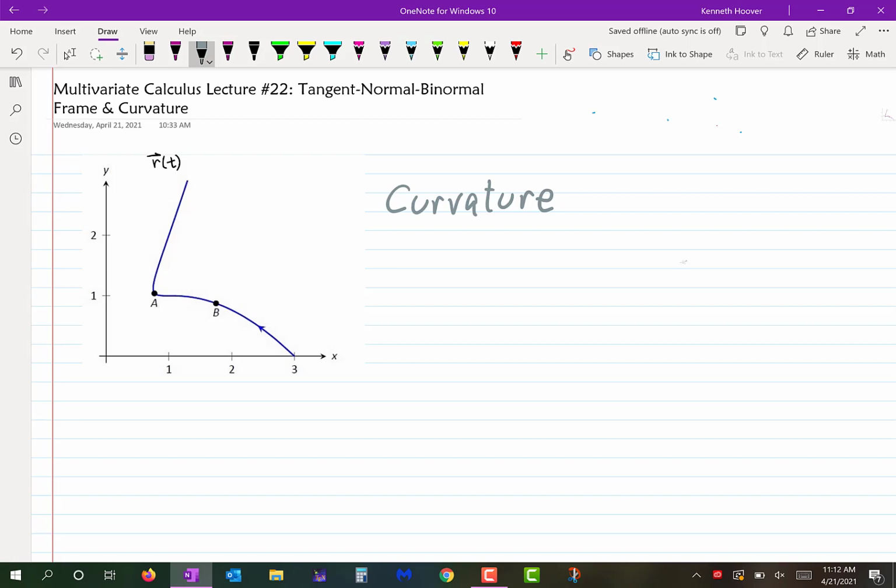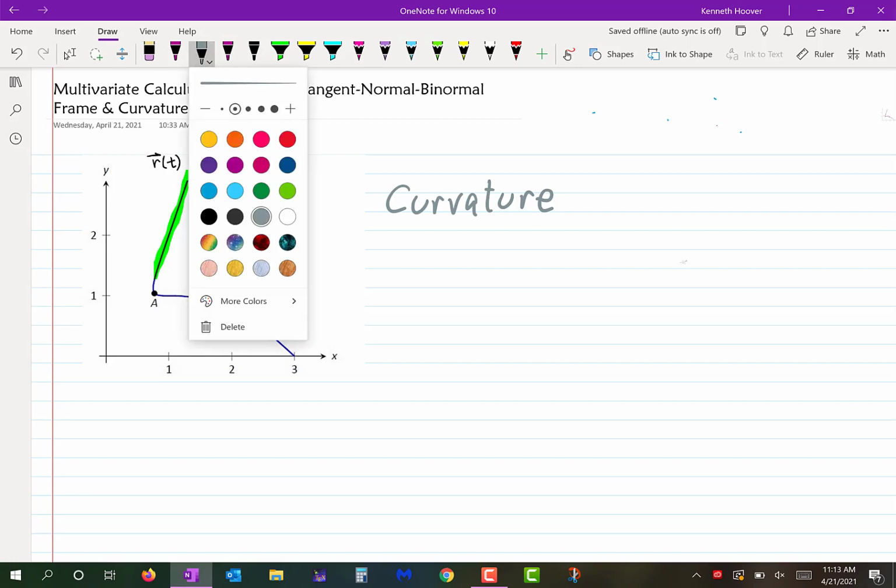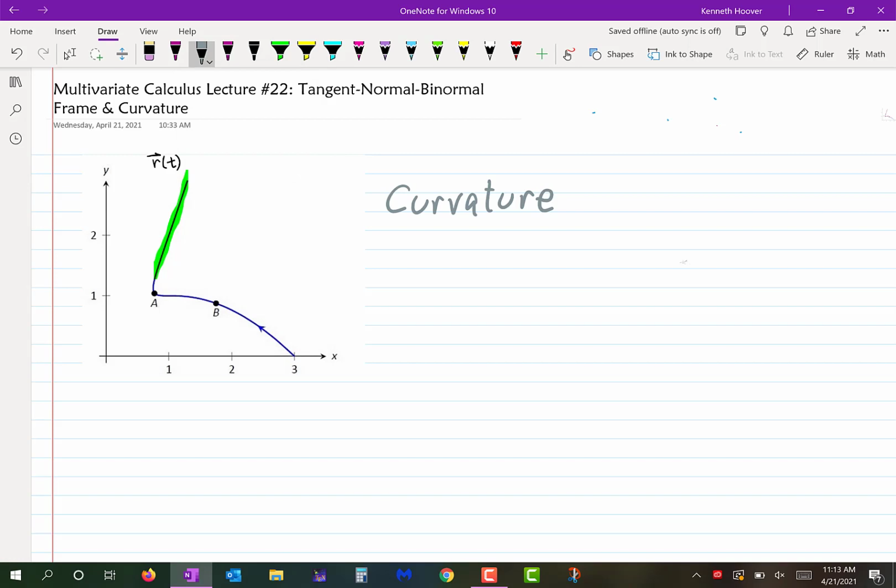So, for instance, look at this portion of the graph here where it's straight. There, you would say there's no curvature. Well, technically, there would be a curvature, but the curvature there would be 0.